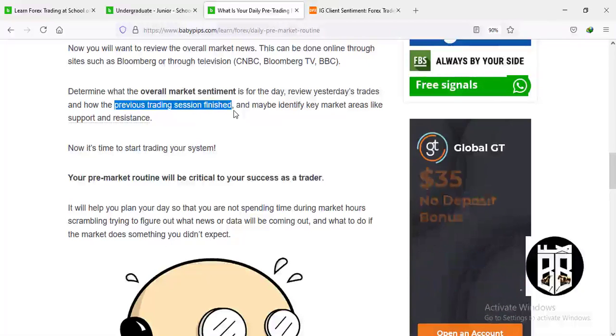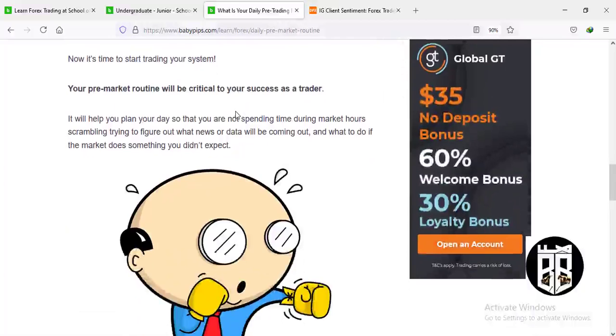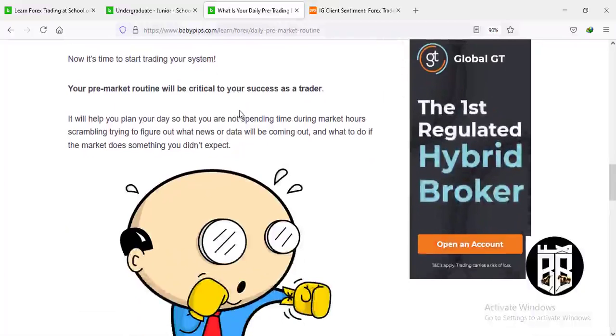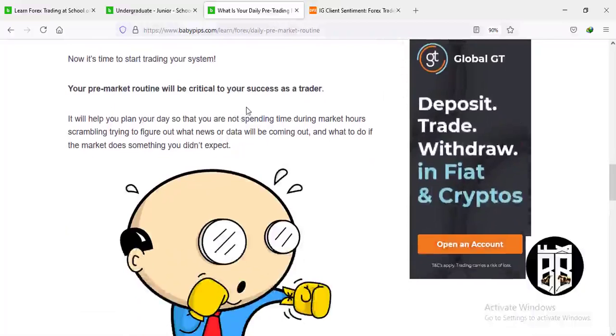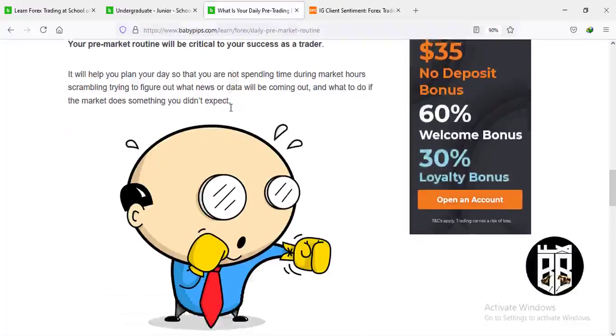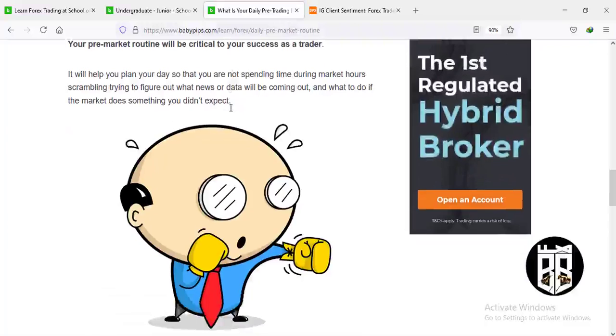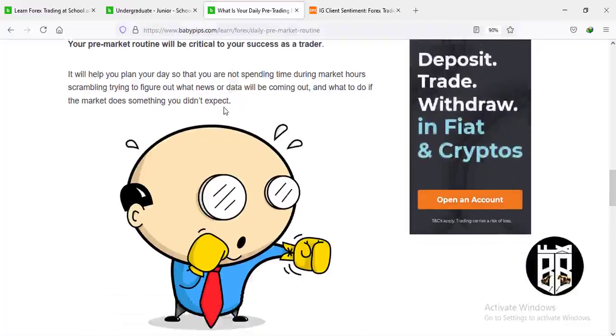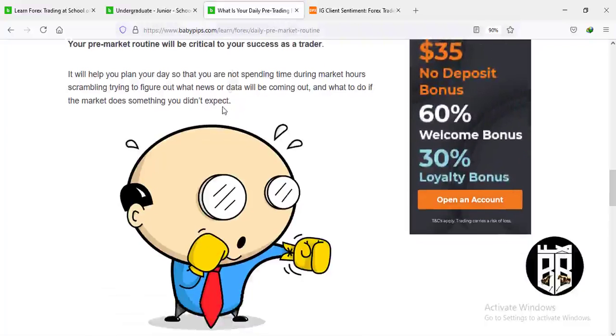Now, your pre-market routine will be critical to your success as a trader, because it will help you to plan your day so that you're not spending much time during the market hours scrambling here and there.